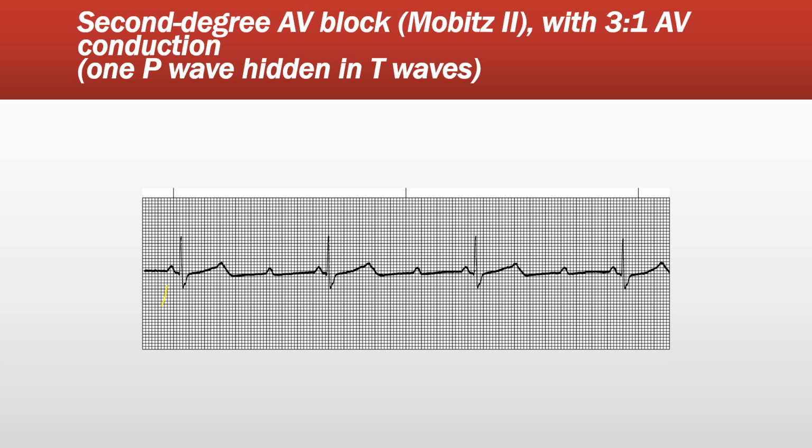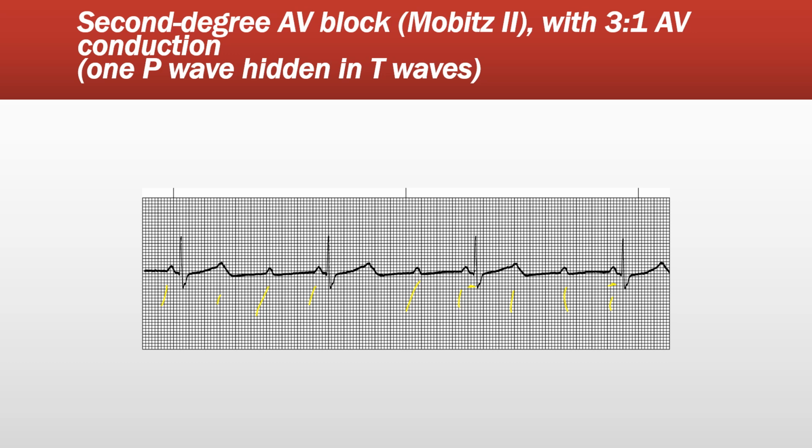There's a P wave, and you see the QRS. And P. There's actually a P hidden in the T wave, but I don't want to confuse you. So we actually have more P waves, but then we have our PR interval. And you see your PR interval, it's staying the same. So more P waves for every QRS, but our PR interval is staying the same.